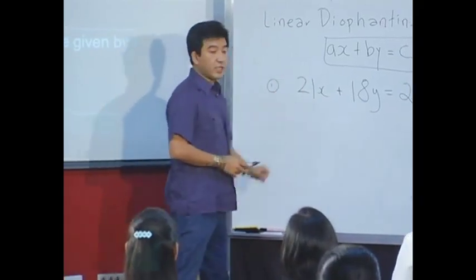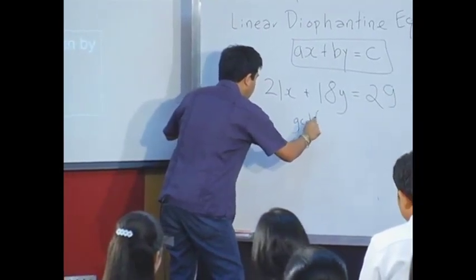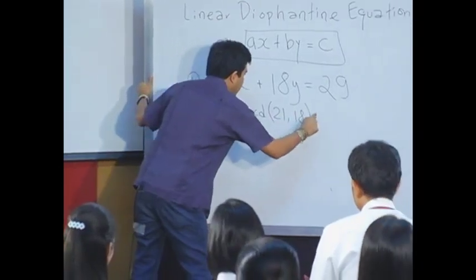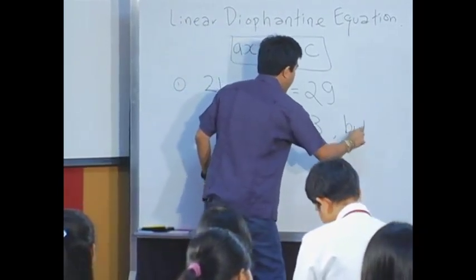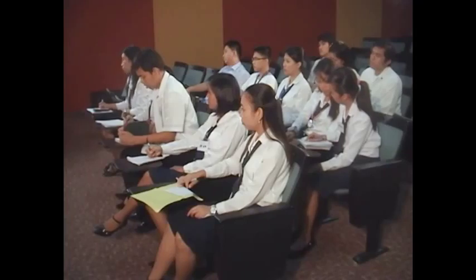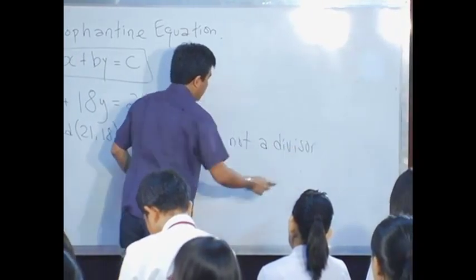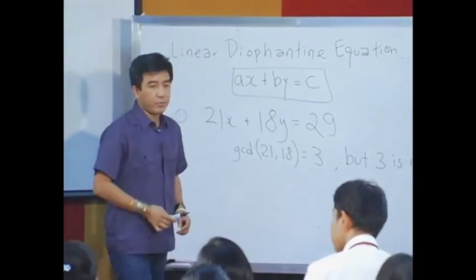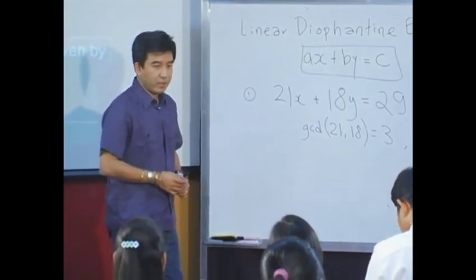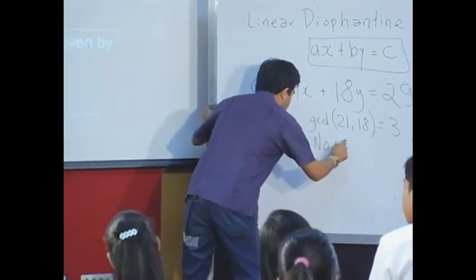Now, we know that the GCD of 21 and 18 is 3. However, 3 is not a divisor of 29, therefore, we conclude that this linear Diophantine equation has no solution. No solution.